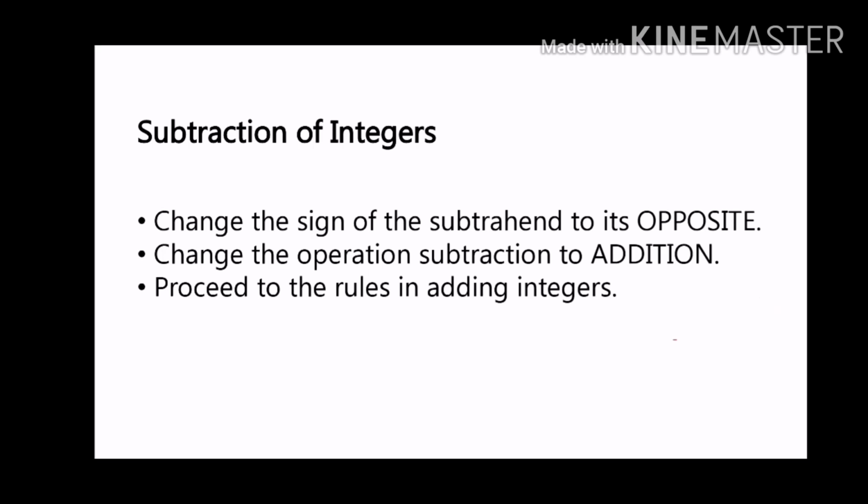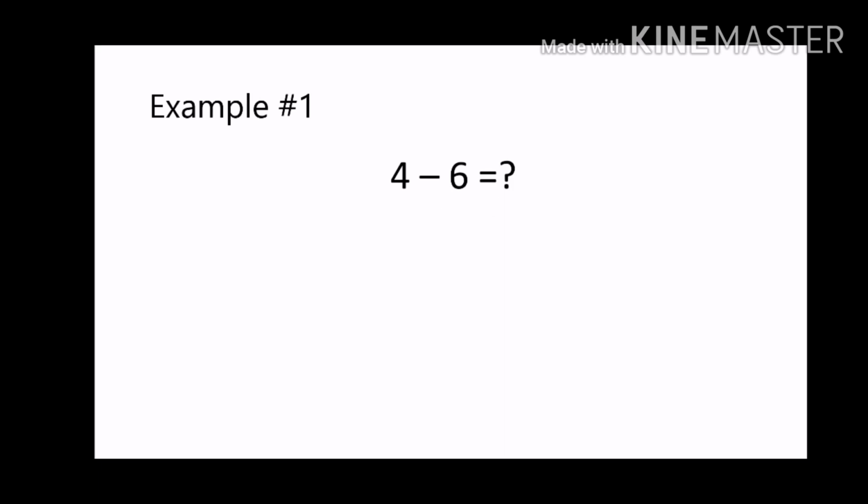So, let's have this example. 4 minus 6 is equal to what? Now, on our first step, we need to change the subtrahend into its opposite sign. Here, our subtrahend is 6, positive 6. So, positive 6 will become negative 6.